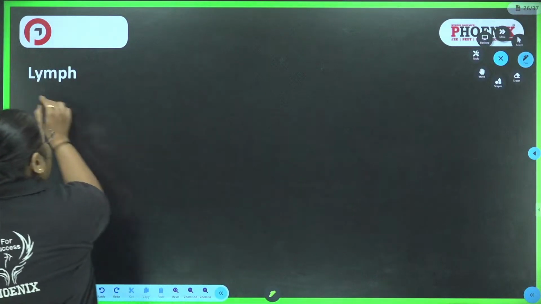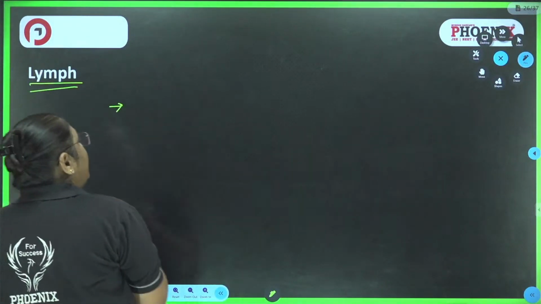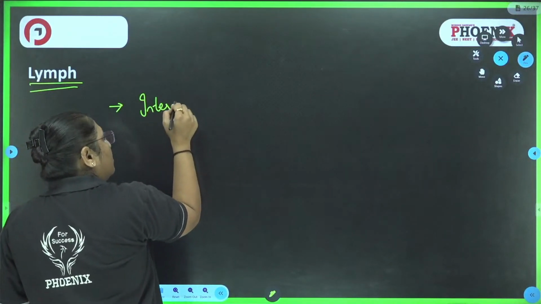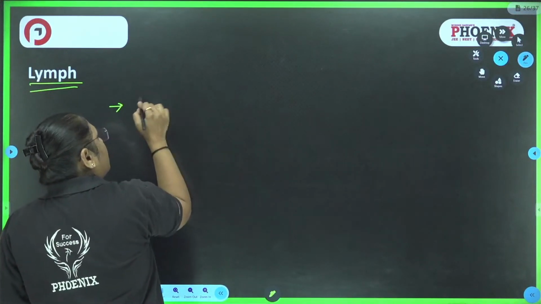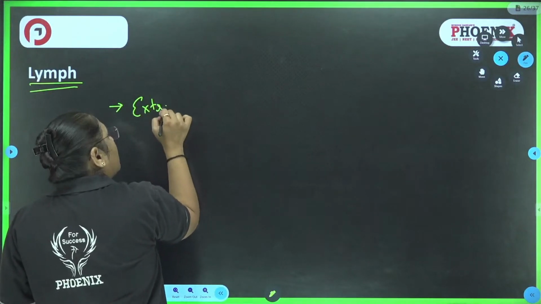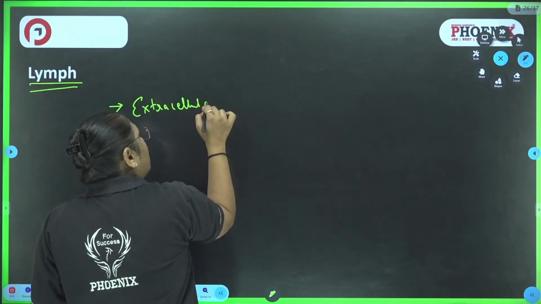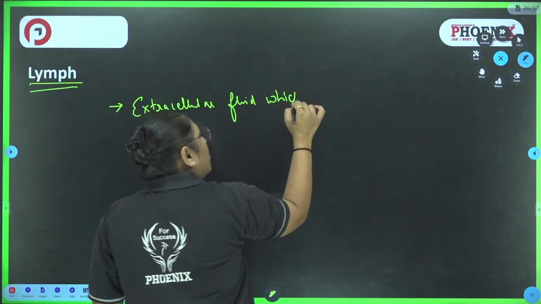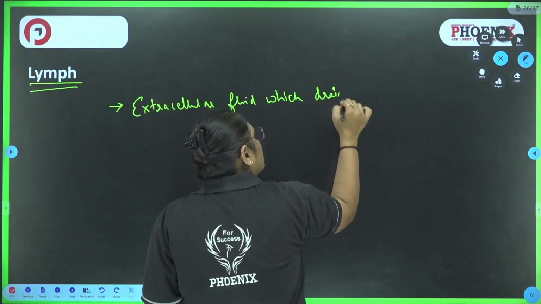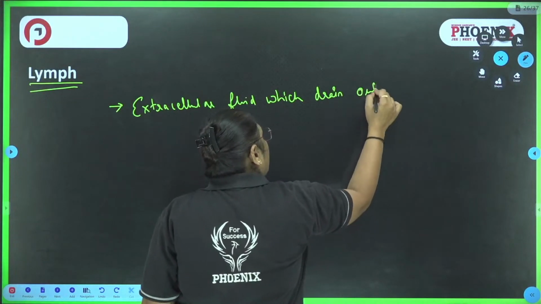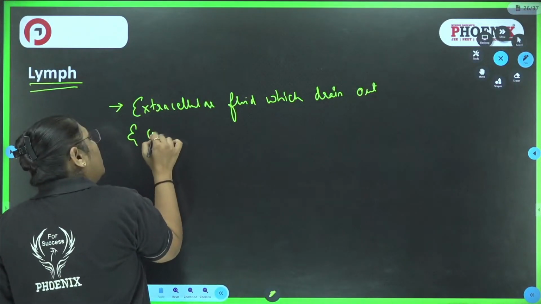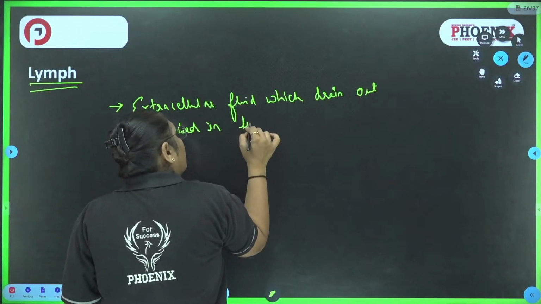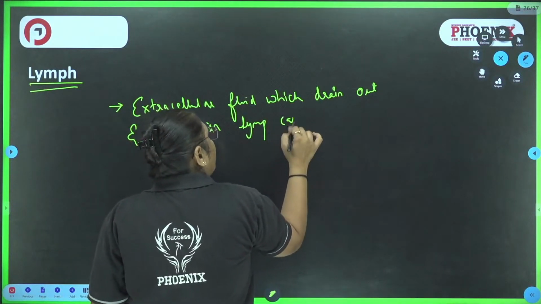Next is lymph. Lymph is the intercellular, extracellular fluid which drains out and is collected in lymph capillaries.